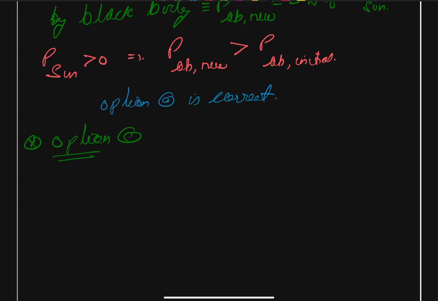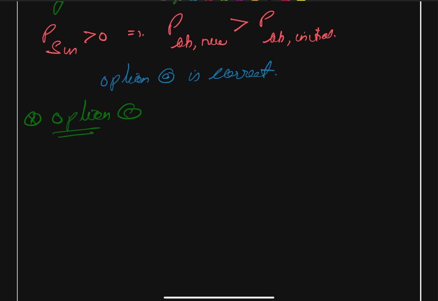In option C, we just derived that our P emit initial will be equal to Boltzmann constant, A, T raised to power 4.